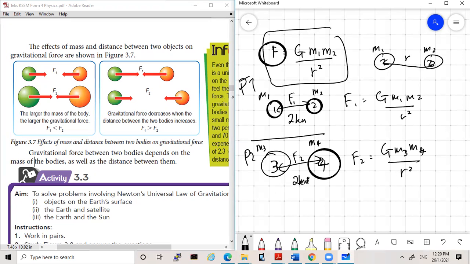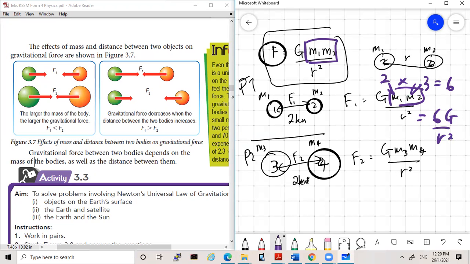Remember, the gravitational force is directly proportional to the product of M1 and M2. That means if we have smaller M1 and M2, let's say 2 and 3, the product is 6. We will get 6G over R squared.